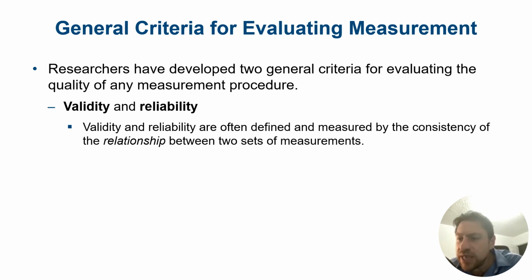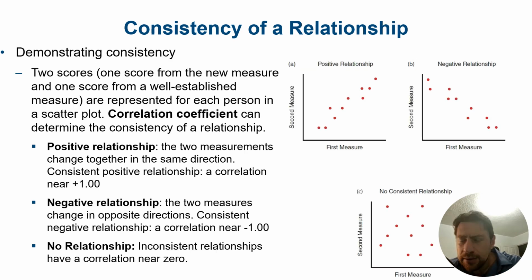Now, validity and reliability are often defined and measured by the consistency of the relationship between two sets of measurements. So we're going to take a slight detour and review what is meant by the idea of a relationship between two variables. All right, so here's a quick primer on the idea of a relationship. What does it mean for there to be a relationship between two variables?